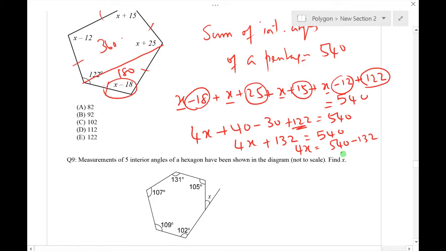Coming back to this, 4x should be equal to 540 minus 100, which is 440, and take away 32, that's 408. So x is going to be 408 divided by 4. That is going to be 102. Cool. So the correct answer is 102. Did you understand that? Did you get it? All right, let's move on with our life. And I'm going to create some more space here for the next question.